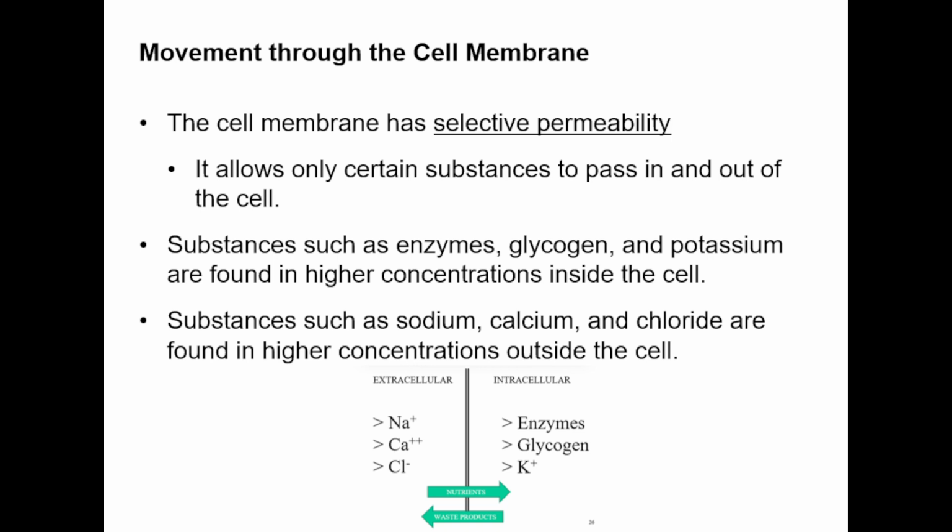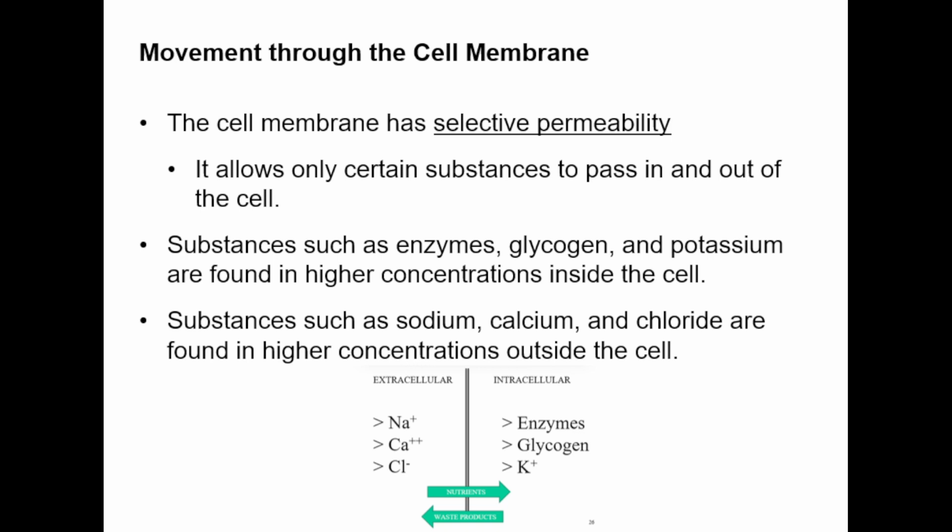So, here is a good diagram or image of it. So, outside the cell, there are more sodium, more calcium, and more chloride. While inside the cell, there are more enzymes, more glycogen, and more potassium. Okay? So yan yung concentration nila. And what keeps it this way is the selective permeability of the cell membrane.